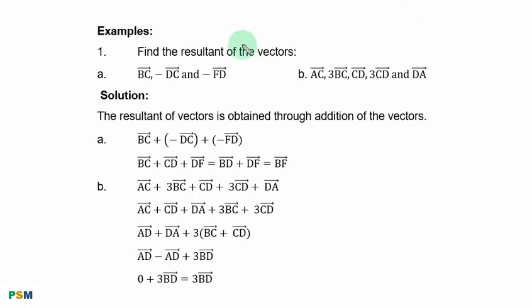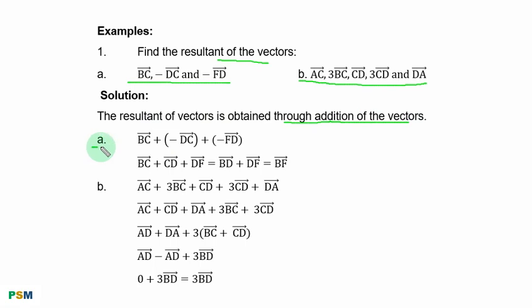Examples. Number 1, find the resultant of the vectors. You have A part and B part. Solution. The resultant of vectors is obtained through the addition of the vectors.